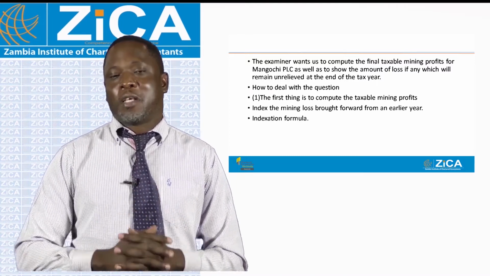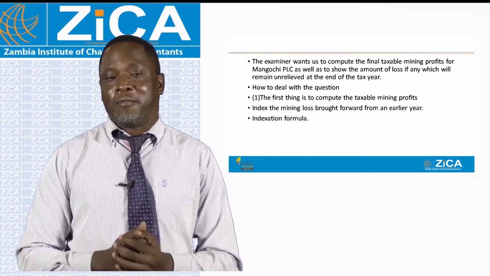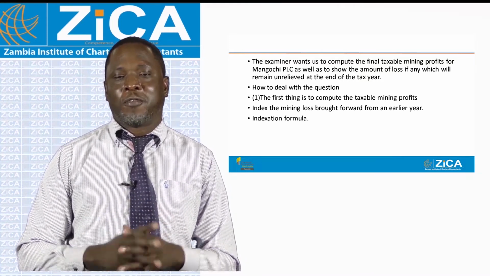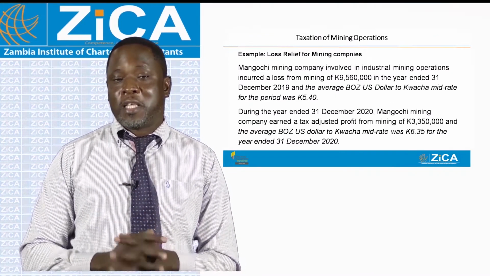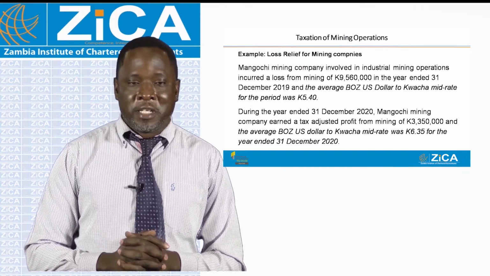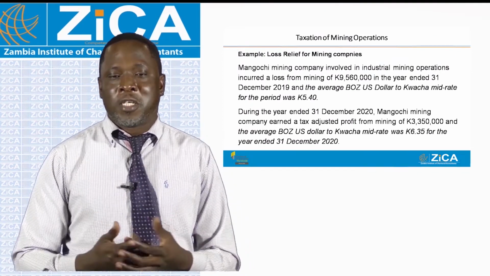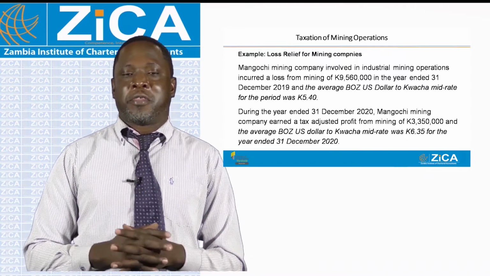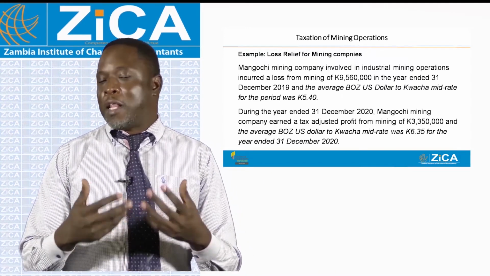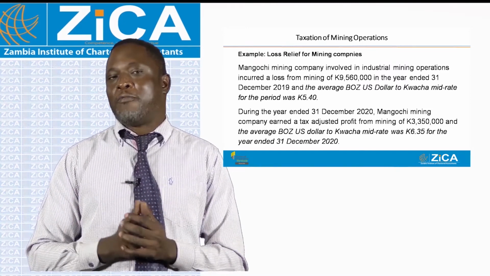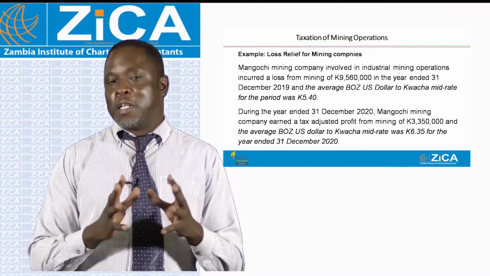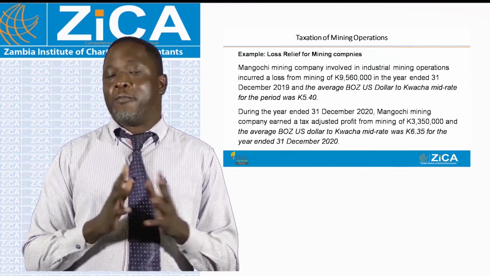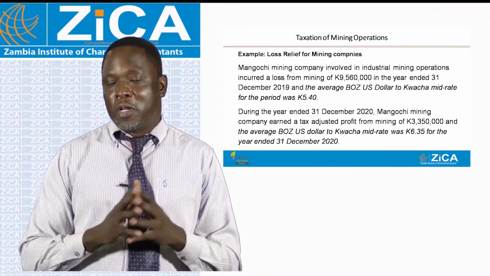In the context of this question, we have already been given the taxable mining profit for 2020, because the question says that during the year ended 31st December 2020, Mangochi Mining Company earned a tax-adjusted profit from mining of 3,350,000. In an exam context, that wouldn't have been given to you.